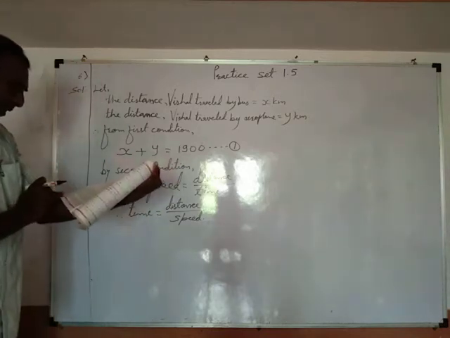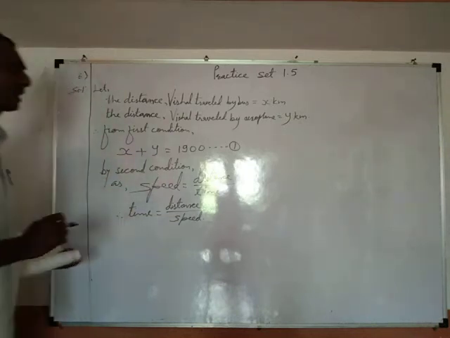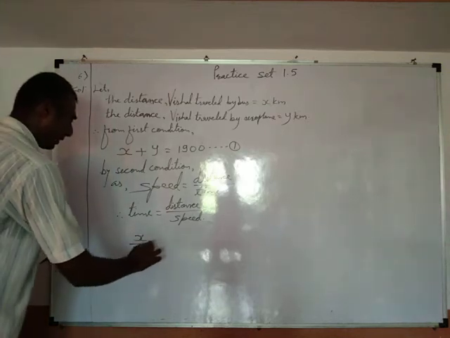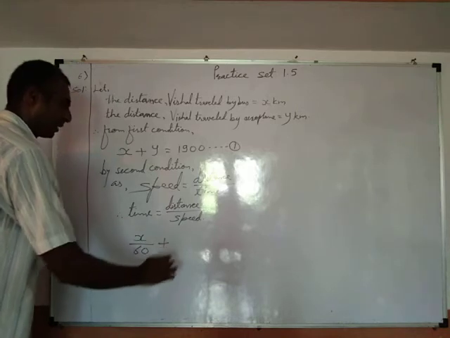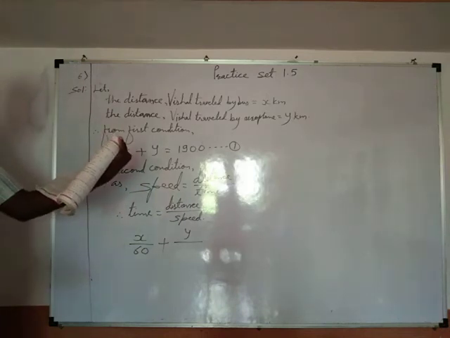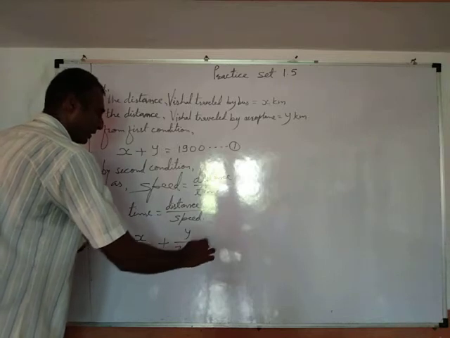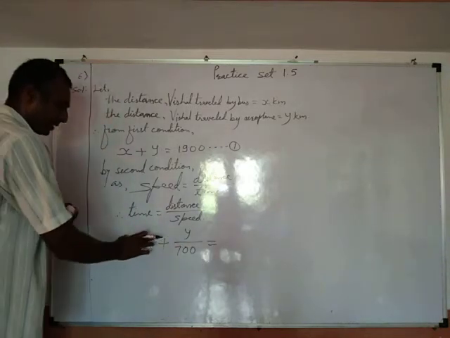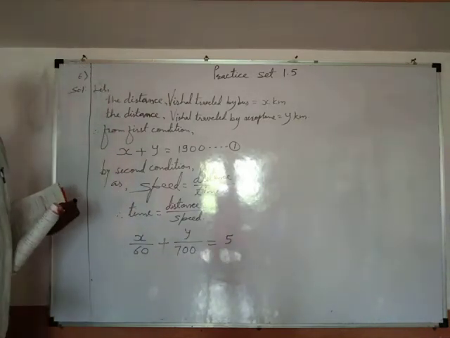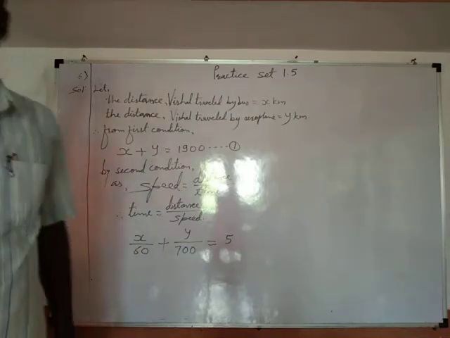As the speed of bus is 60 km per hour, the time required to travel x kilometers will be x upon 60, and distance y is traveled at a speed of 700 km per hour. Therefore, time required will be y upon 700. And from the given information, the sum of these times equals 5. Okay, means x upon 60 plus y upon 700 must be equal to 5.